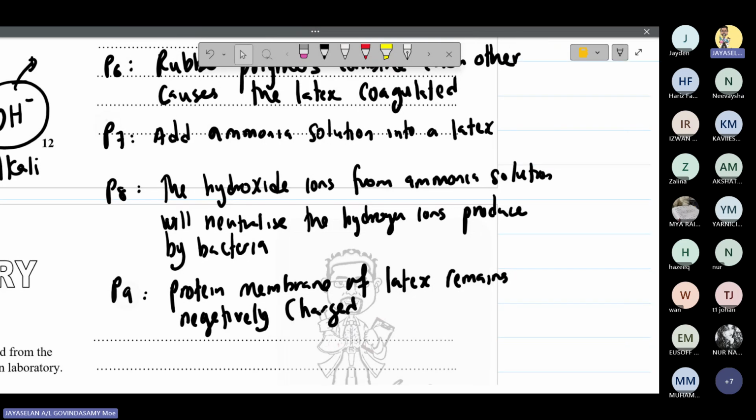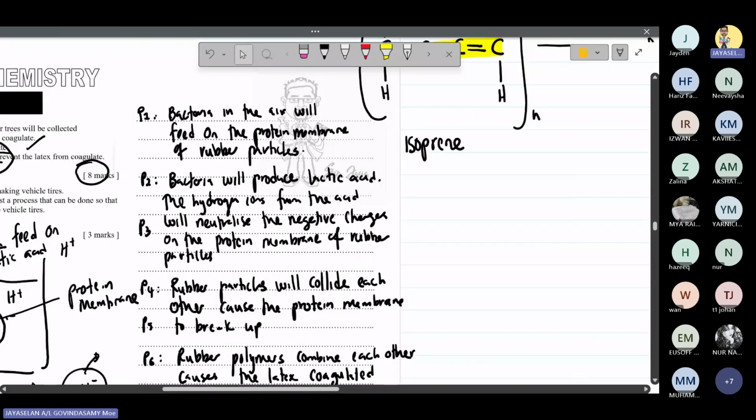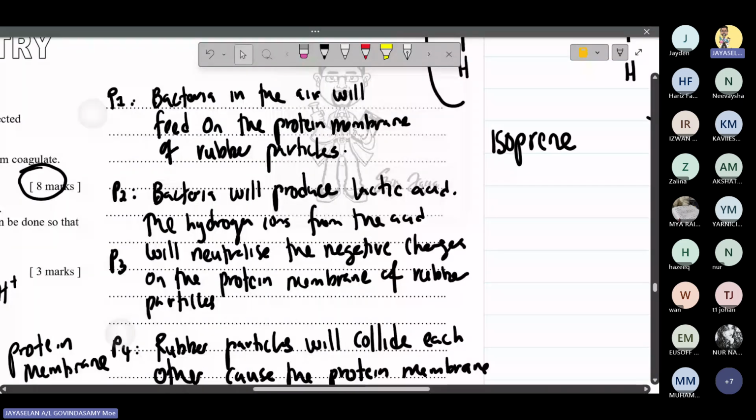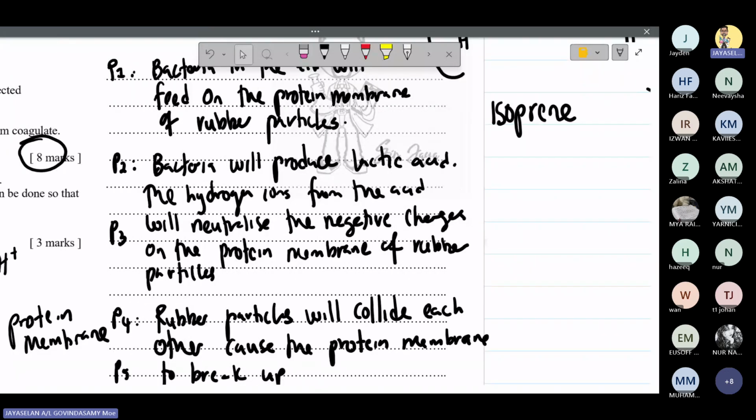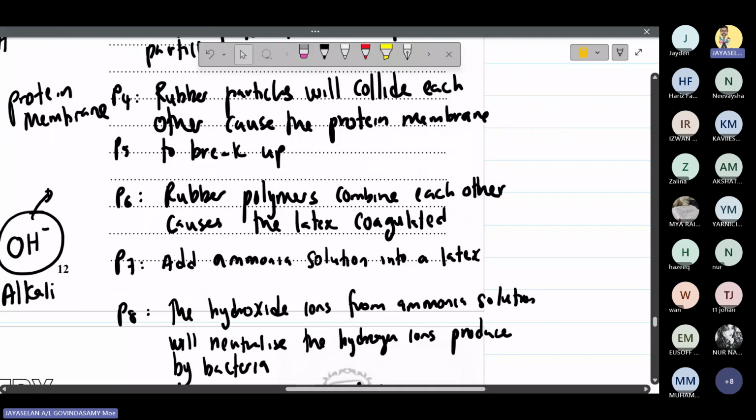Okay, if you want to copy down, copy down. Points 1, 2, 3. Or screenshot. Points 4, 5, 6.